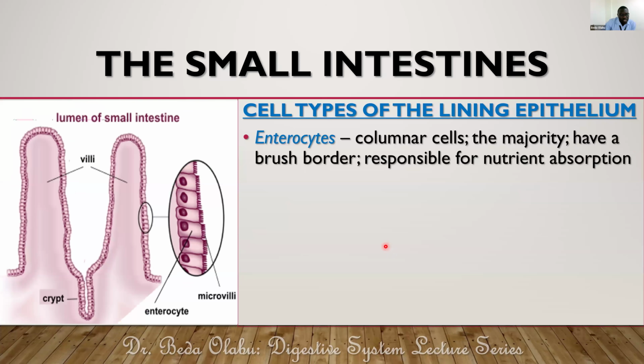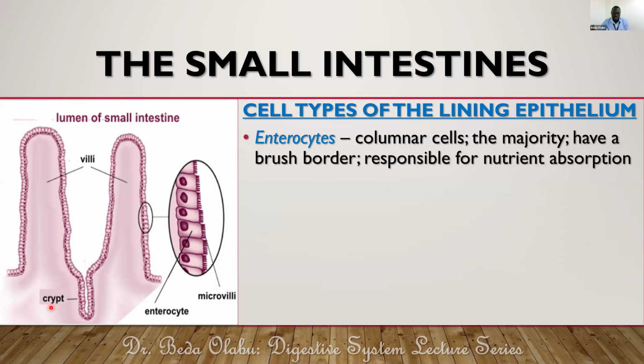So this still shows you the enterocytes. They have microvilli. If you see, these are villi, and that's another villus, so these are villi. The gap between them usually leads to a gland, which we call the crypts of Lieberkühn.